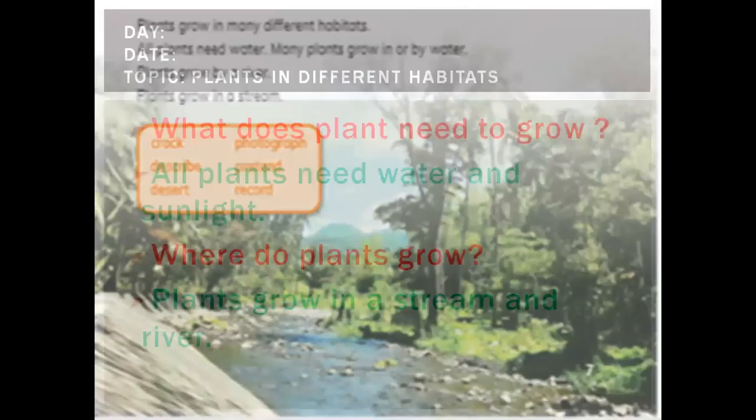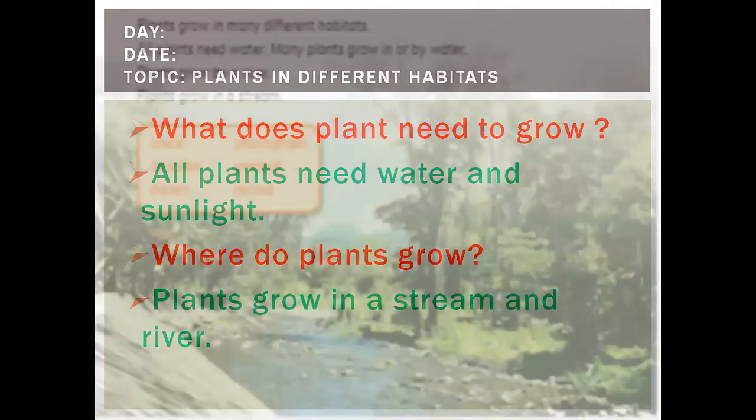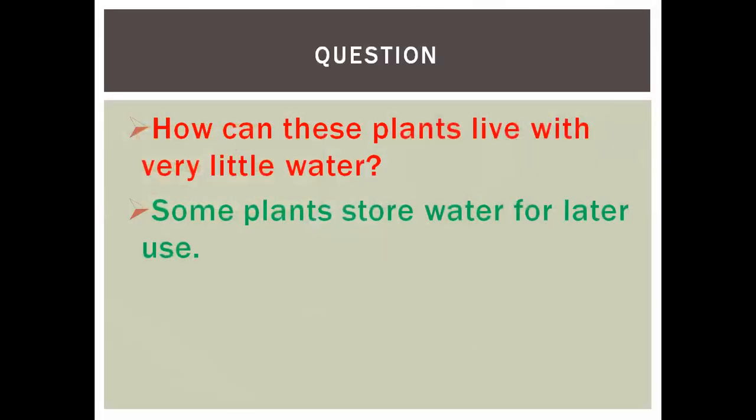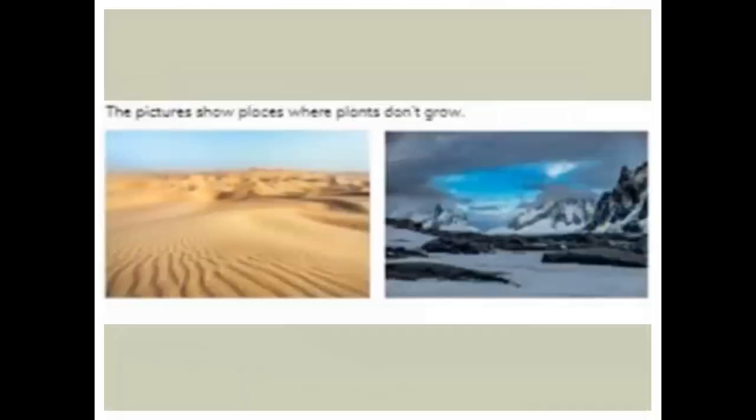Why do plants need to grow? All plants need water and sunlight. Where do plants grow? Plants grow in a stream and a river. Then we discussed, how can these plants live with very little water? Some plants store water for later use. That is how they are going to grow.